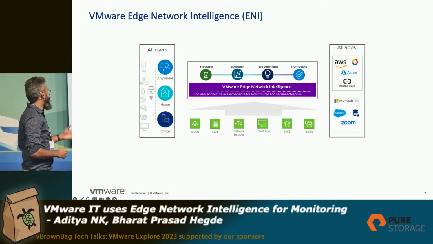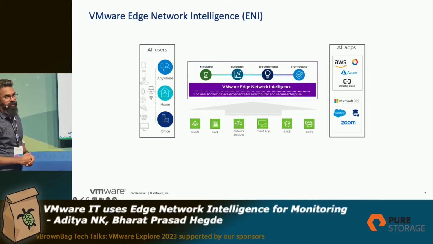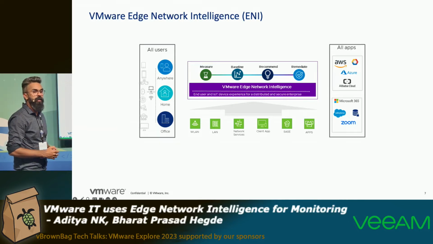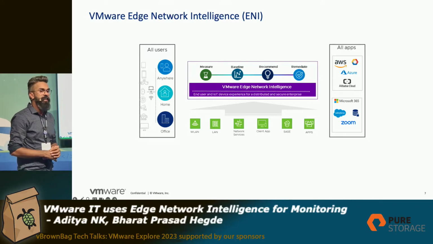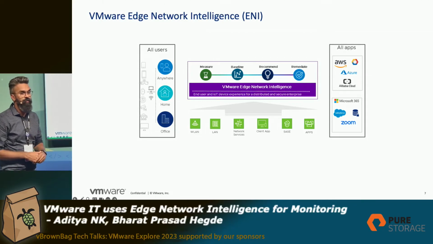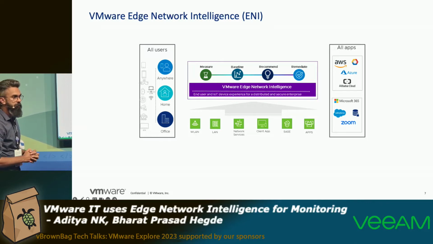So it supports wireless LAN, and network services like DNS, DHCP, Radius servers. The client app, which will be on the client side, is natively integrated with the VMware VeloCloud SD-WAN. And it also supports application integration, as we mentioned here, with Zoom, Salesforce, Azure, Google Cloud, and so on.